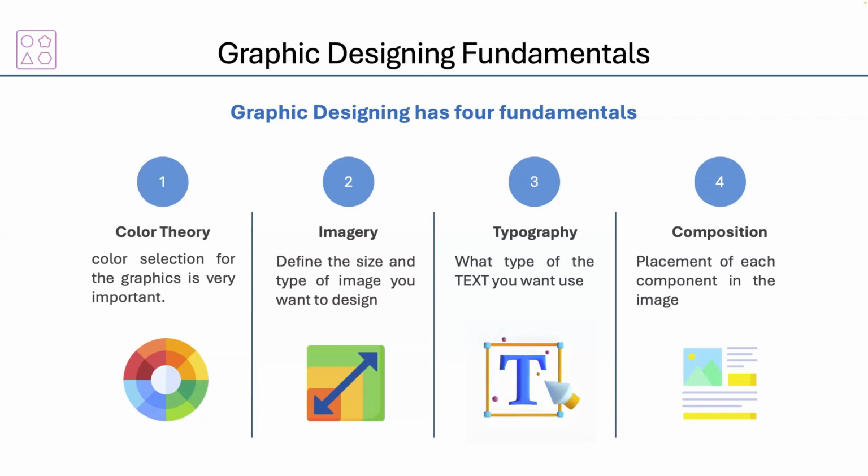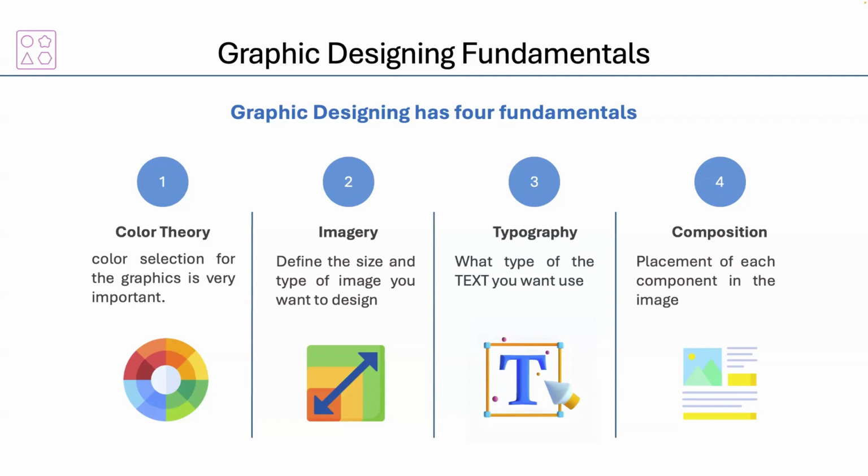And after that, the fourth pillar, or the fourth category we can divide graphic designing into, is composition. After color theory, imagery, and typography, you have chosen the color scheme, you have chosen the images and icons for your graphic designing, and you have chosen the text and the style of the text.